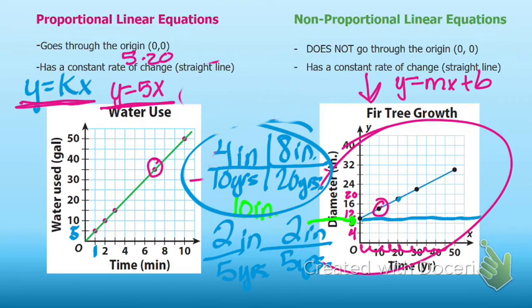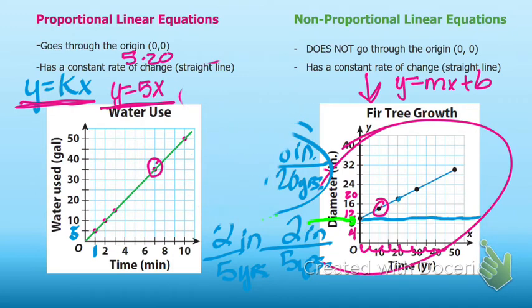It was just done there. For non-proportional, we use this equation here. M represents your rate of change. It's also called the slope.